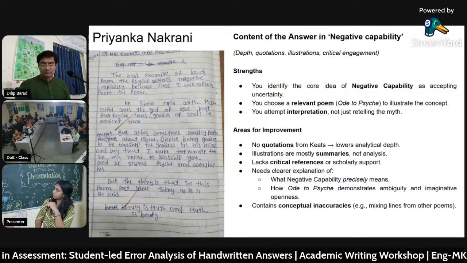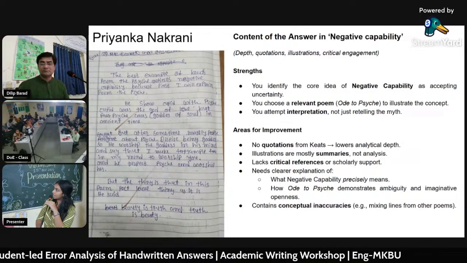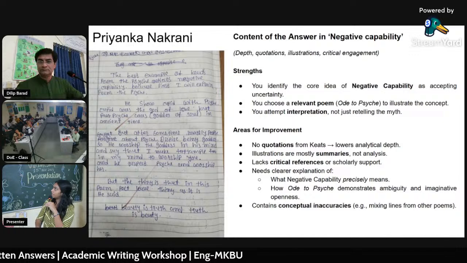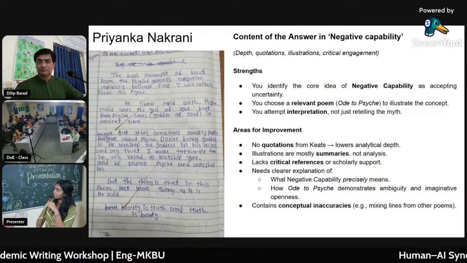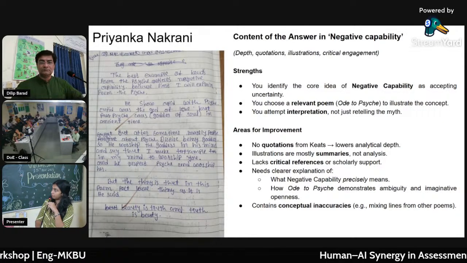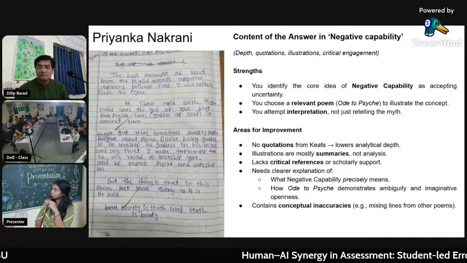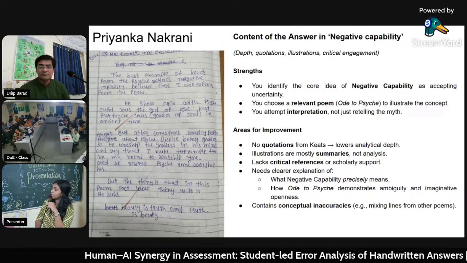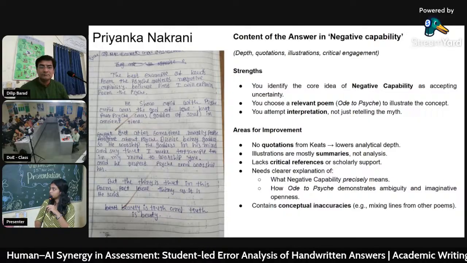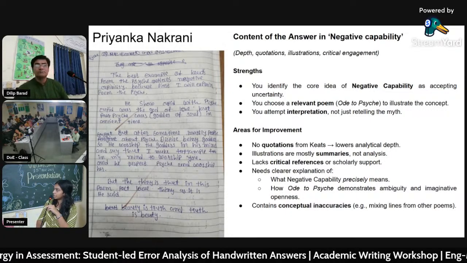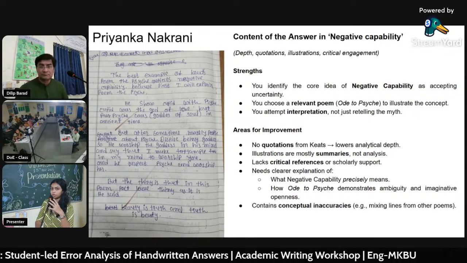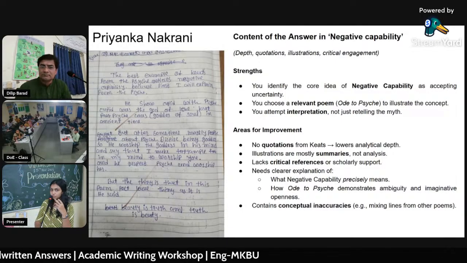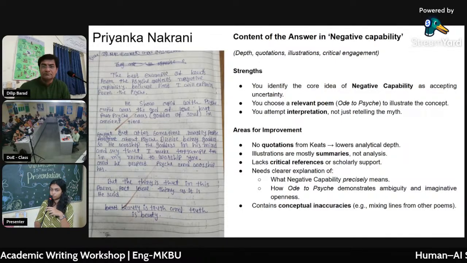Next one is Priyanka's paper. She has identified the core idea of negative capability, which is accepting uncertainty. She chose a relevant poem, Ode to Psyche, to illustrate the concept. She has attempted interpretation and has not just retold the myth. The areas which need improvement are that she has not used any quotation from Keats, and the illustrations are mostly summaries, and analysis is not present.